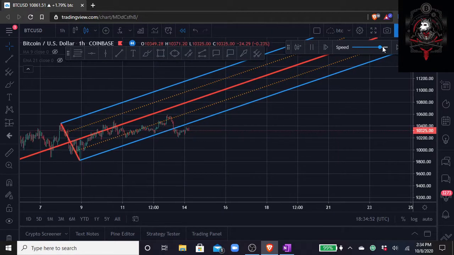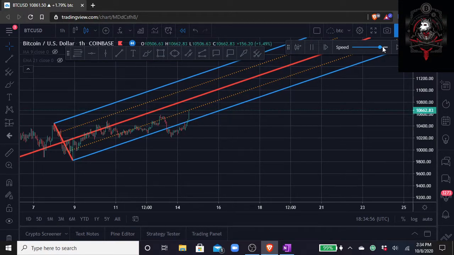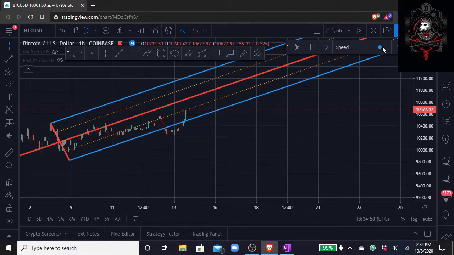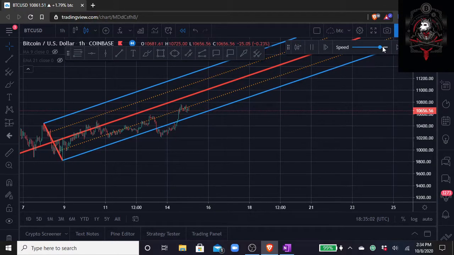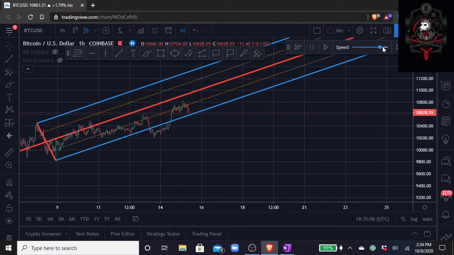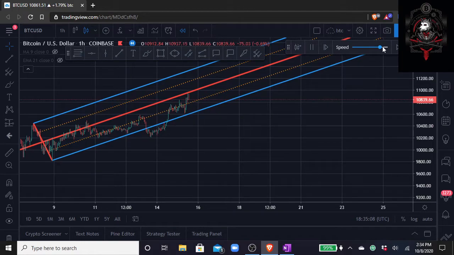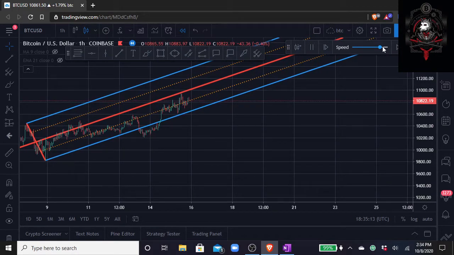It would have been time to draw a new one, but you can see it does respect that lower band as resistance pretty well. Now at that point, I would say the pitchfork is pretty much invalid, as it did pop out of it, but it still may respect the lines a lot as you go through.